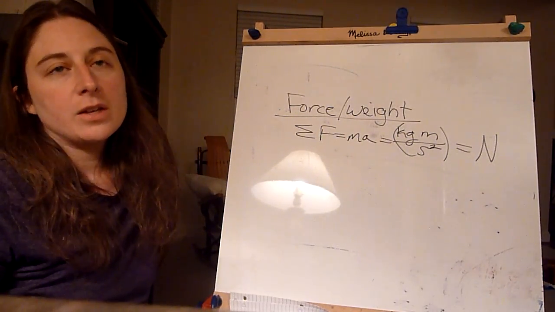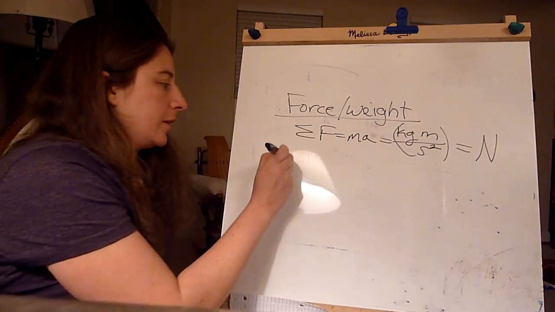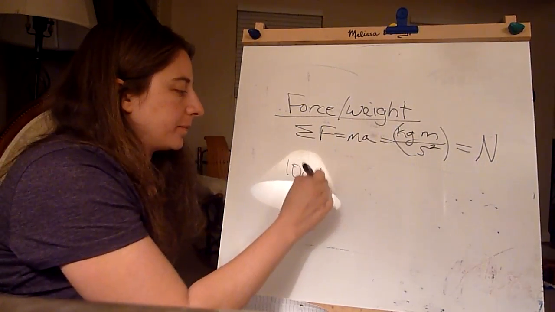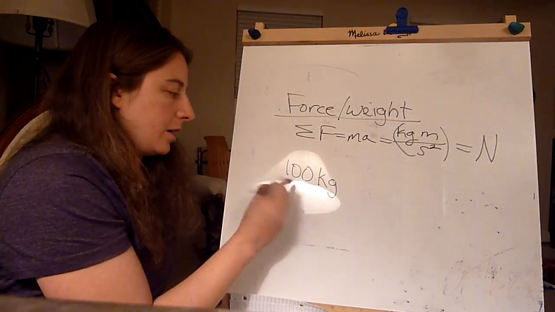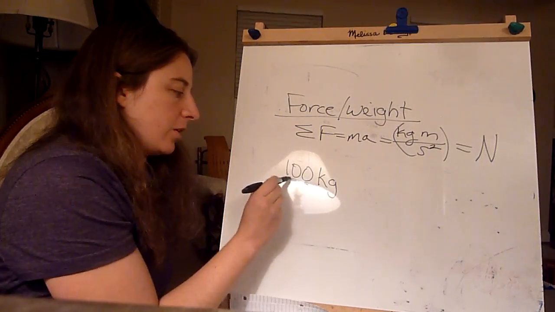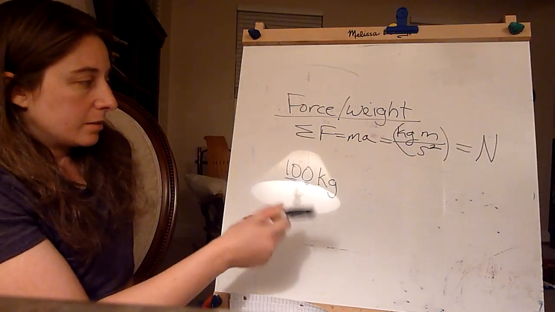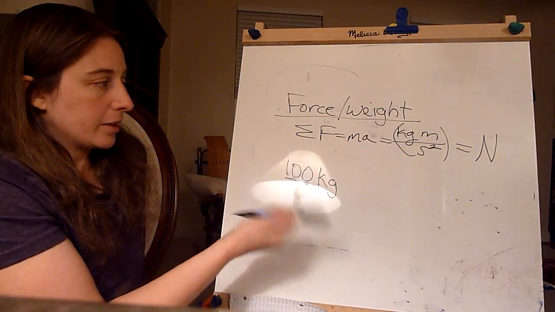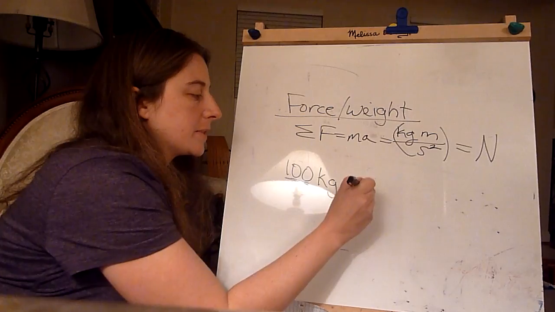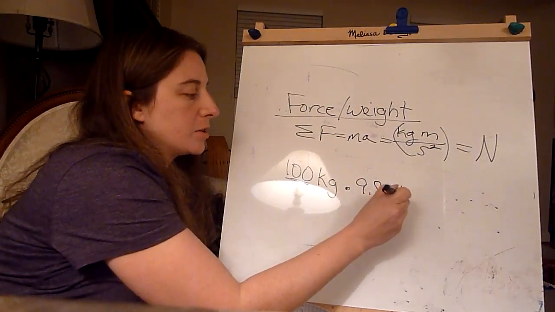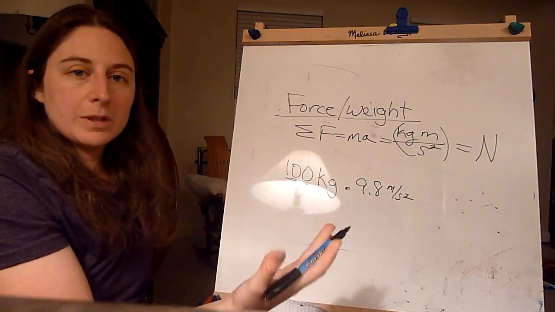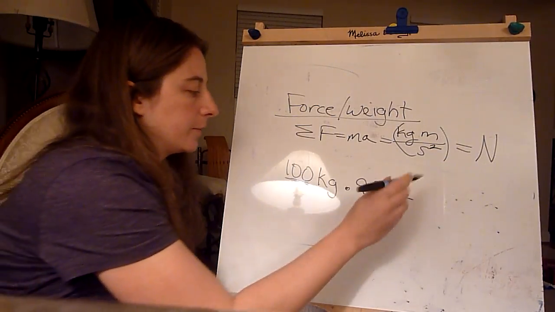So if, say, you weigh, I don't know, 100 kilograms, and let's say all three figures are significant there, then that would be your mass. But your weight would actually be times 9.8 meters per second squared on Earth. It would be different if you were on the moon or in space or whatever.